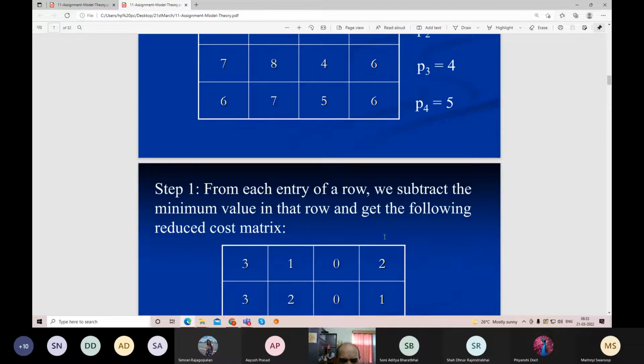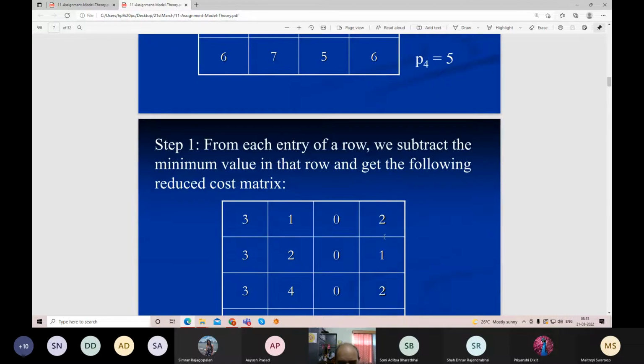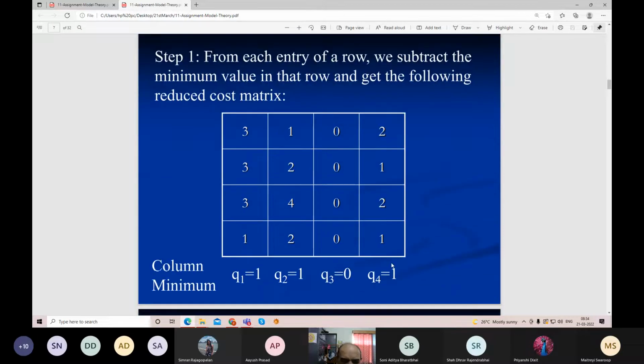So here are the steps we have introduced. What is the step? From each entry of a row, we subtract the minimum value in that row and get the following cost matrix. Okay. After subtracting the minimum value, this is the cost matrix.